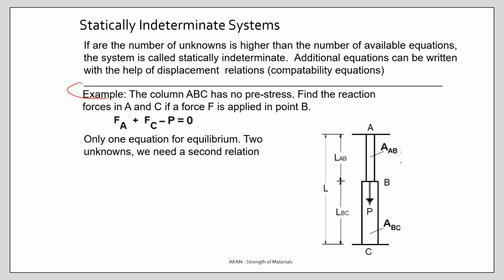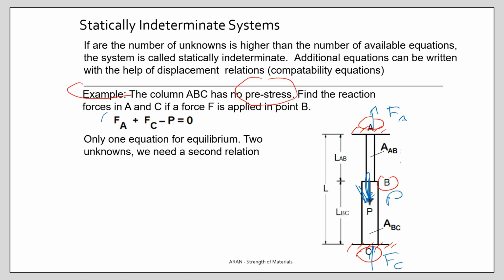Take an example. We have here a column A, B, C, and it is fixed between two supports, and there is no pre-stress. At point B, a force P is applied, and in the supports, in order to have equilibrium, we will have Fa and Fc.